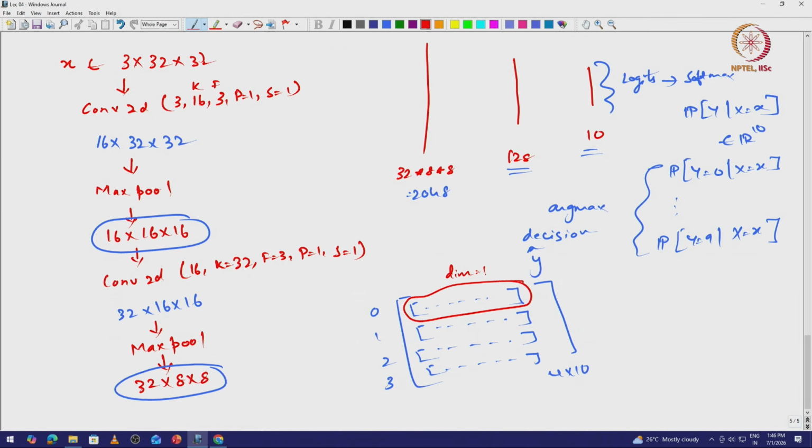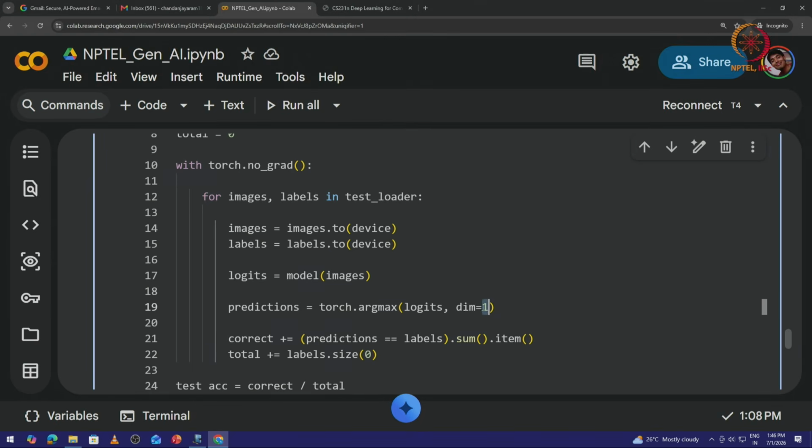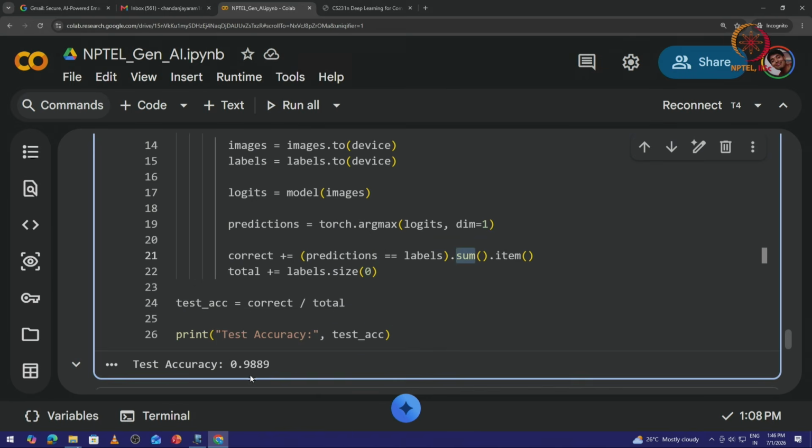Whatever the argmax is, your y prediction will be something like 4, and so on, for the first example, second example, third example and fourth example. So you get a row vector of predictions, and the labels are also a row vector. You find how many examples are equal, take the sum of it, convert it into item, the standard thing, and then you go ahead.